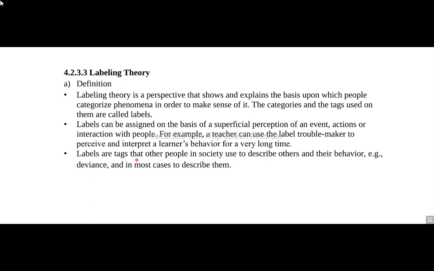Labels are tags that other people in society use to describe others and their behavior, e.g., defiance. When you describe one as defiant, what does that mean? That person goes against the rules of the institution and the like.